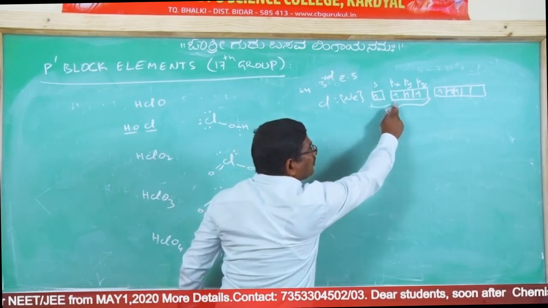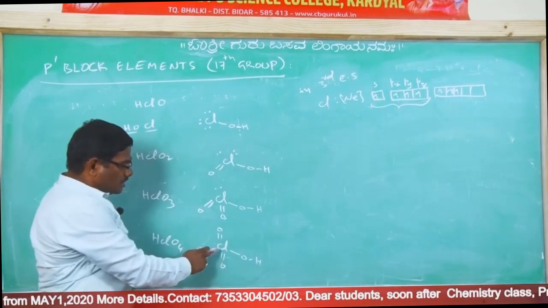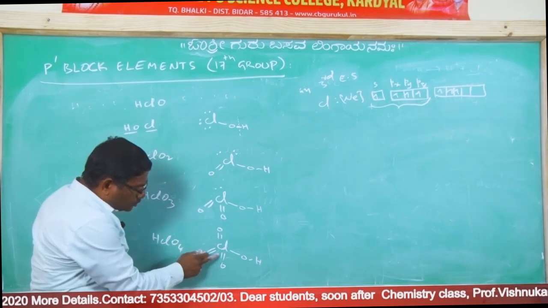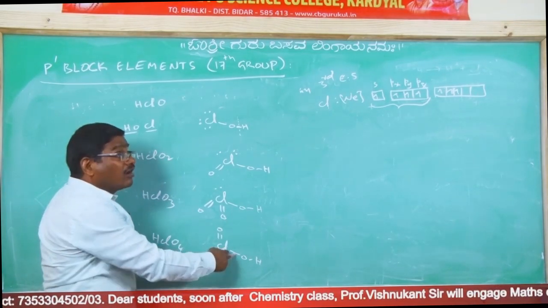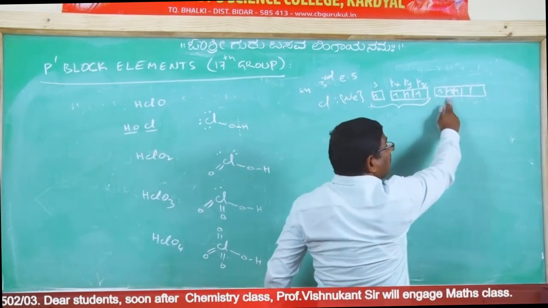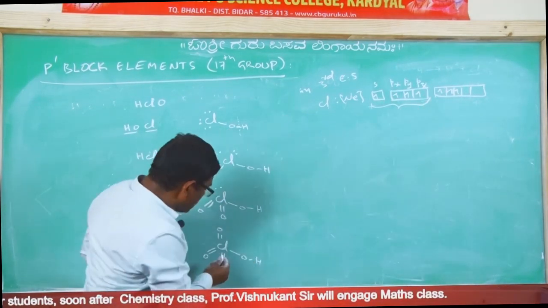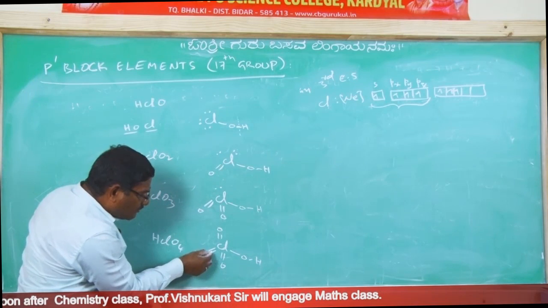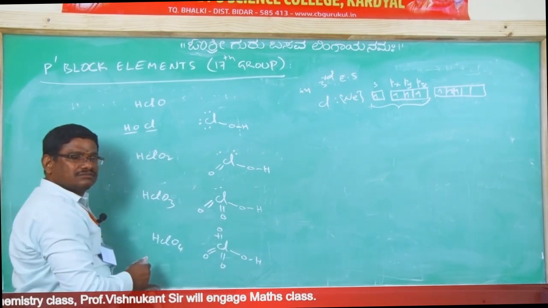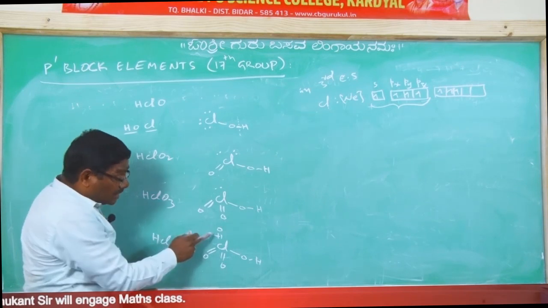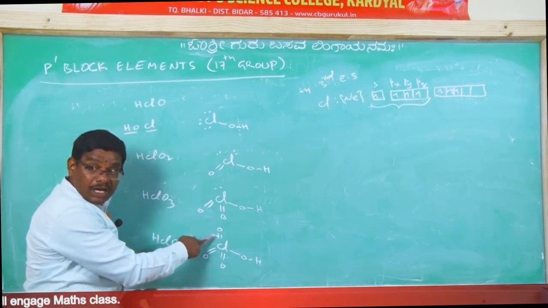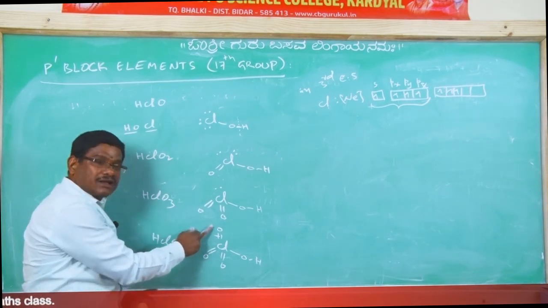Now sp3, total 4 unpaired electrons are there. Chlorine 1, 2, 3, 4 unpaired electrons linear overlapping. Along with that dxy, dyz, dzx. Clear? Now the d orbital is involved in lateral overlapping with the oxygen unpaired electron.